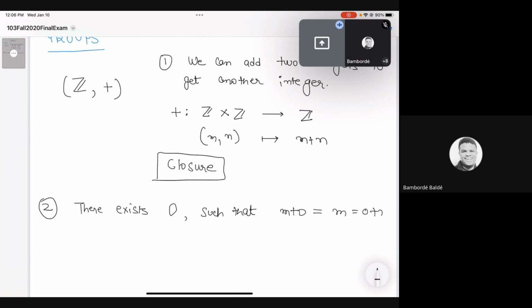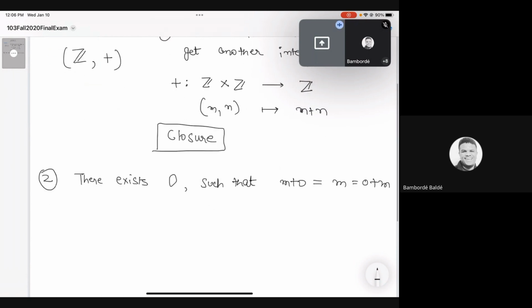And obviously, this works both ways. This element is what we call the identity of our operation. Performing the operation with the identity does nothing to your element.